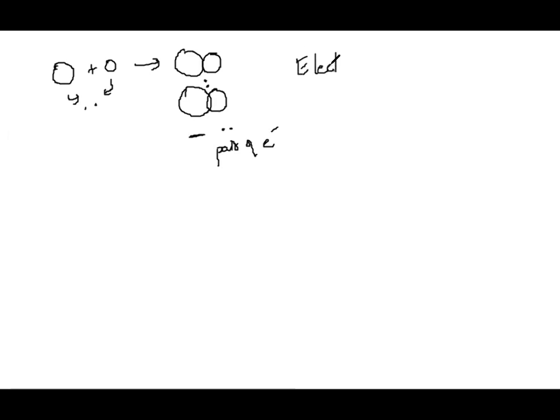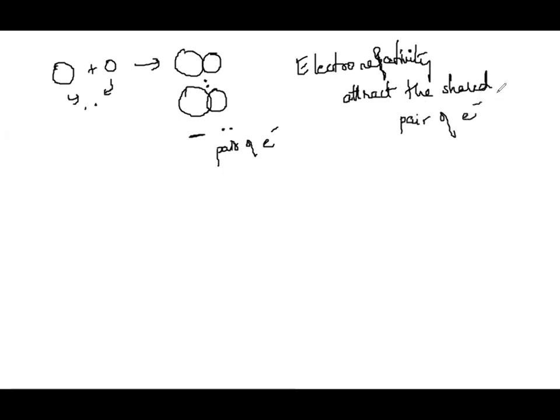Electronegativity. What is electronegativity? The tendency of an atom to attract, please do remember, to attract the shared pair of electrons towards itself. And this is possible when the atom is in combined state.